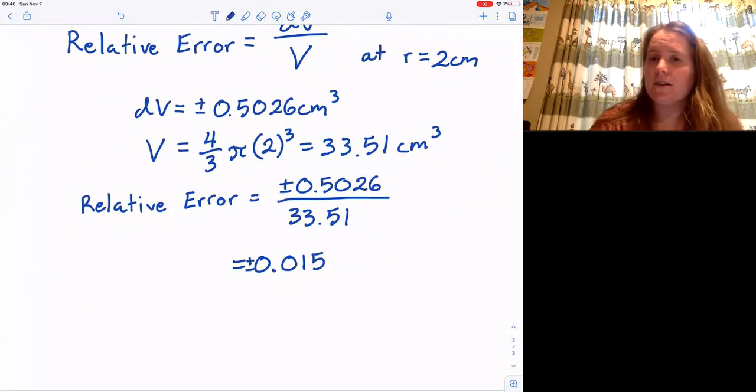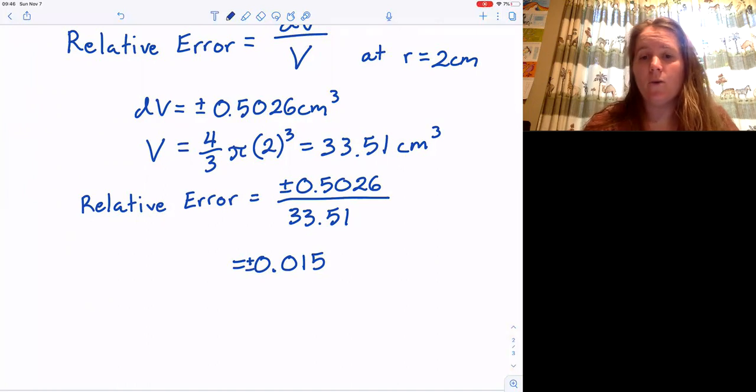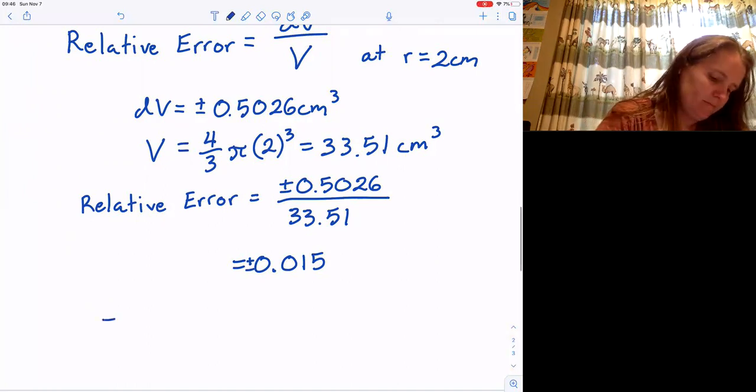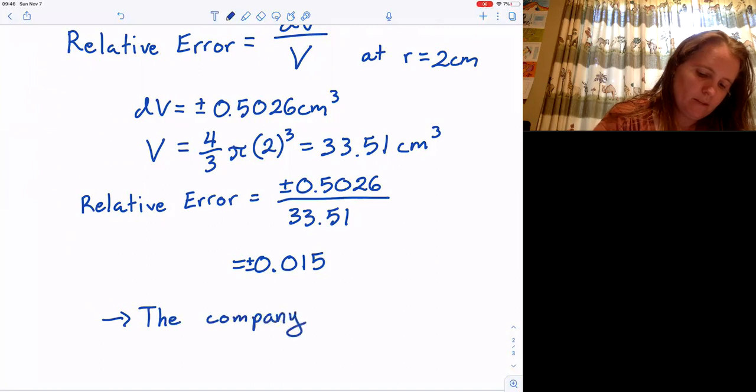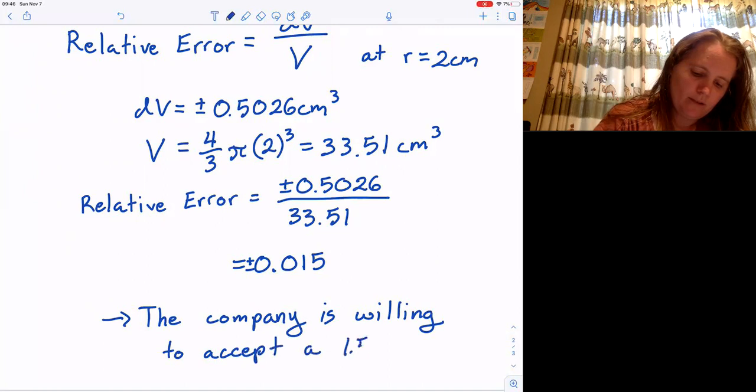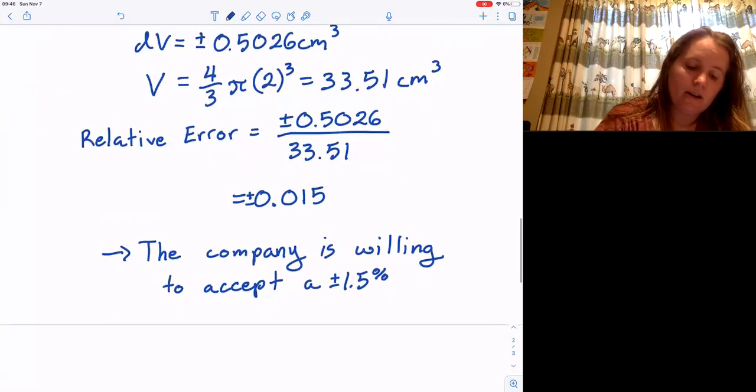And so we're essentially willing to accept a 1.5% error in volume. So the company is willing to accept a plus or minus 1.5% error in volume.